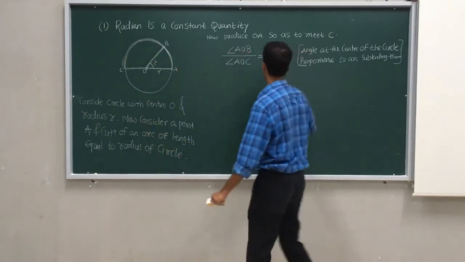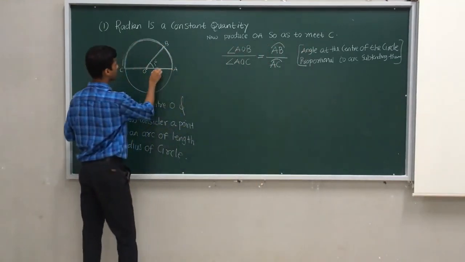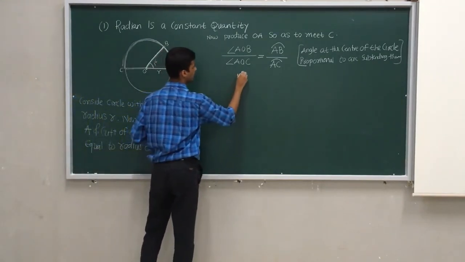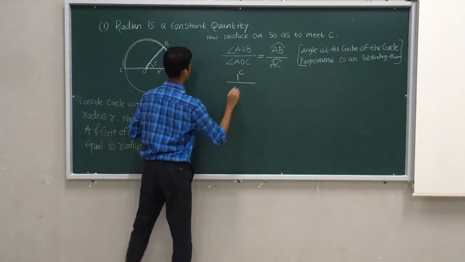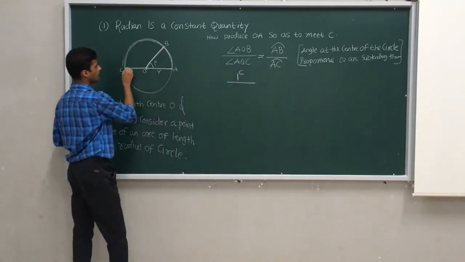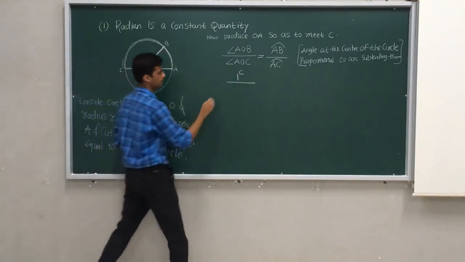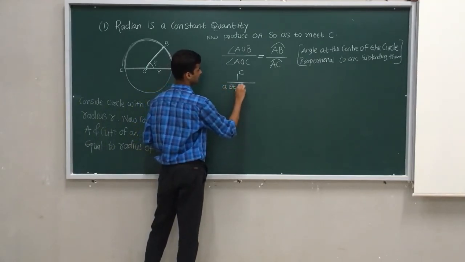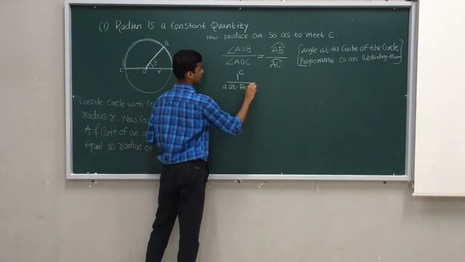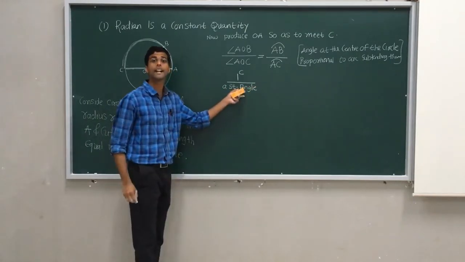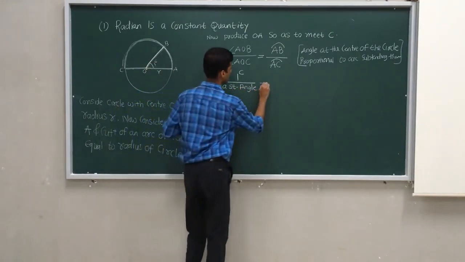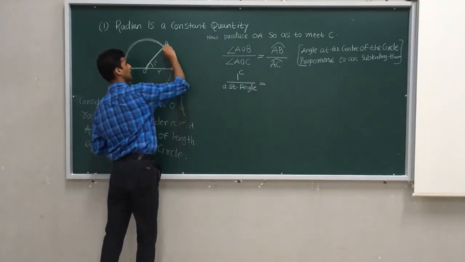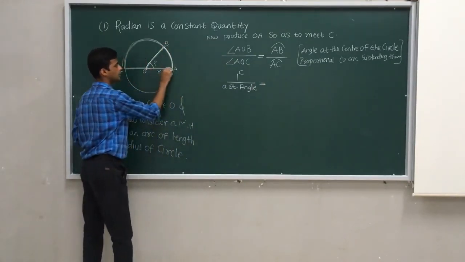Yes. Now, what do you mean by AOB? AOB is equal to 1 radian, right? 1 radian divided by angle AOC. Angle AOC is nothing but a straight angle, 180 degree, divided by arc AB. We all know that the arc length is the same as the radius.